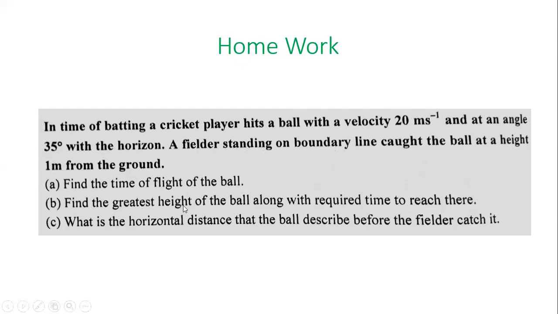Find the greatest height of the ball along with the required time to reach there. What is the horizontal distance that the ball described before the fielder caught it? Try to solve this CQ based on the previous lecture.